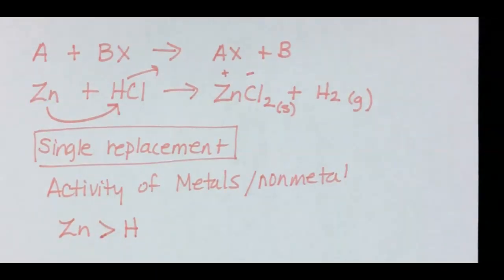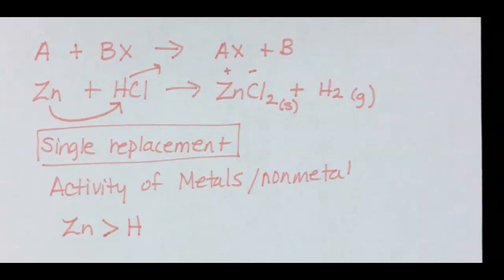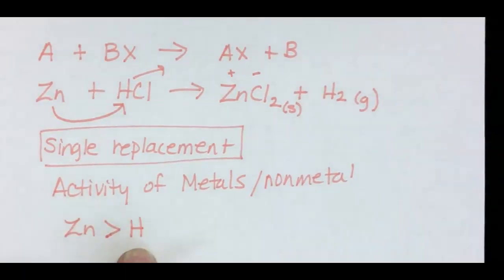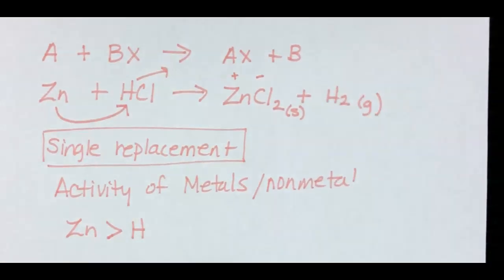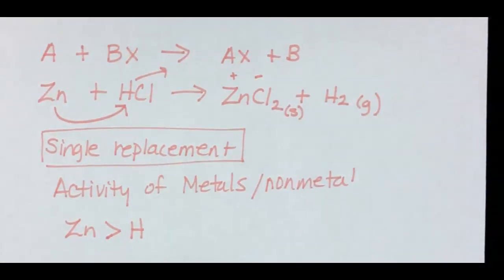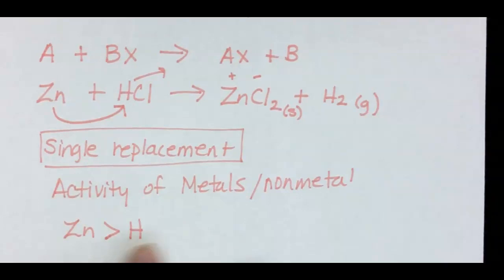So in terms of electronegativity and so forth, zinc would have to be stronger than hydrogen to knock off hydrogen and attach to the chlorine. If zinc is not higher than hydrogen, this reaction will not take place, and we'd say no reaction. Okay, and let's talk about the next one.